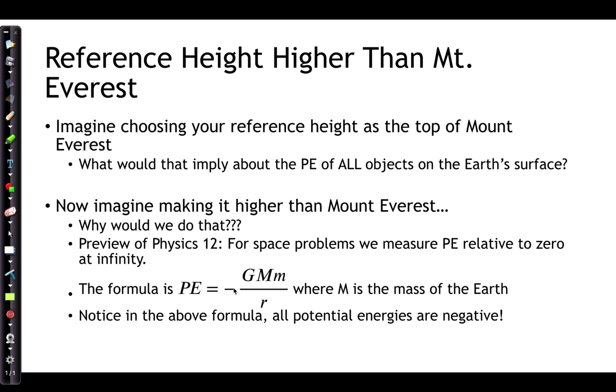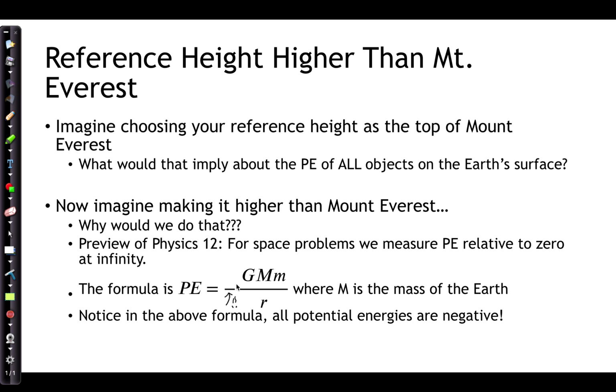And then we end up using this formula for potential energy. The potential energy you use in grade 12, for space problems at least, is this. This is the universal gravitational constant. This is the mass of the Earth. That's the mass of the thing you're lifting. And that's the distance from the center of the Earth. But notice that negative. Important.